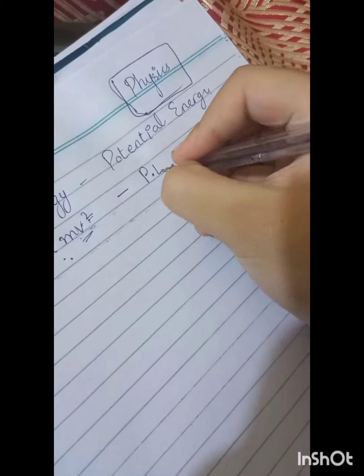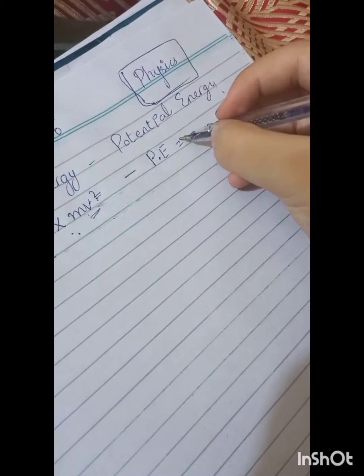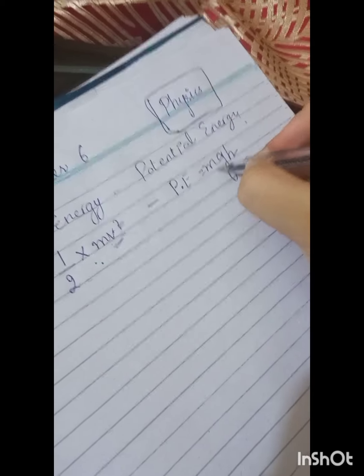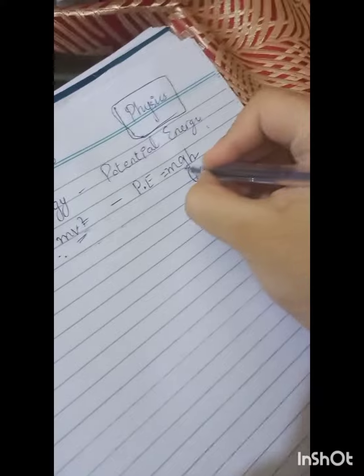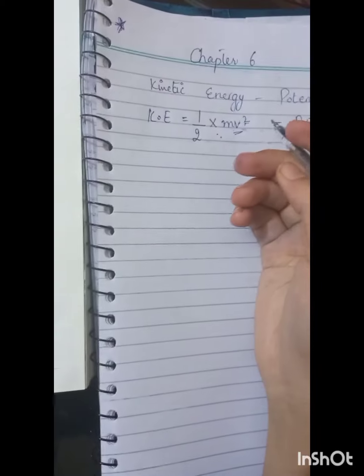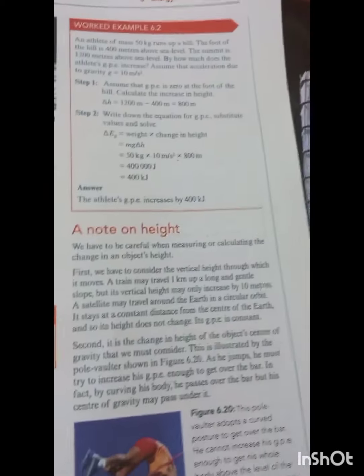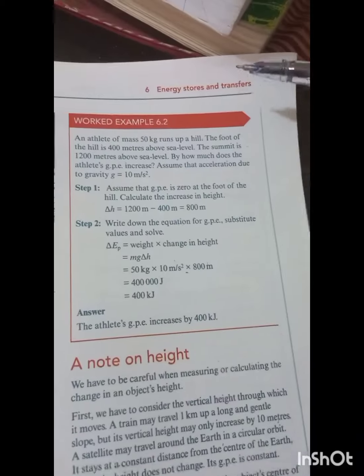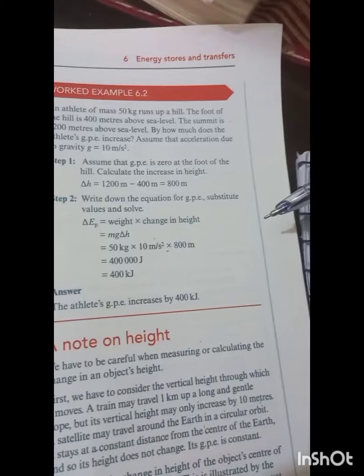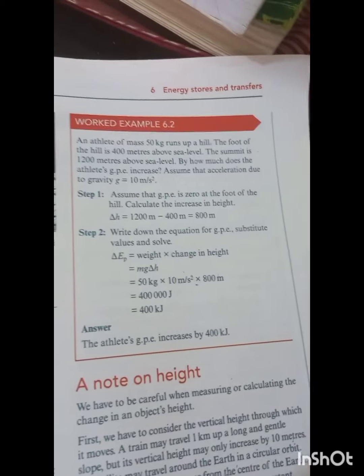It means potential energy's formula, in short form, is mgh, which represents mass, gravitational field strength and height. Then there is an example of these energies, and this will tell you which formula you're going to use.